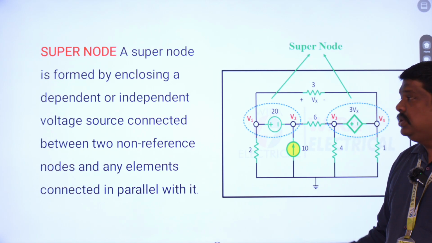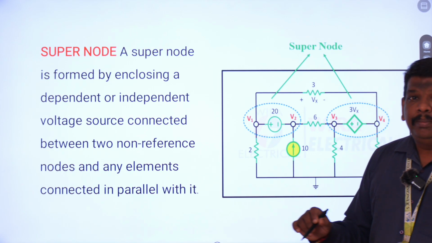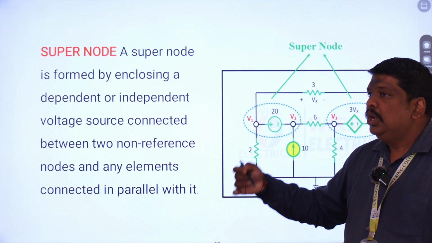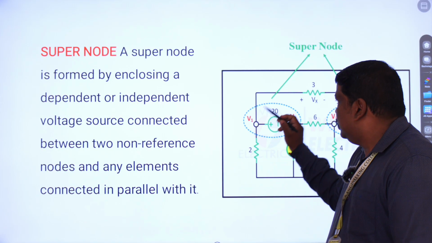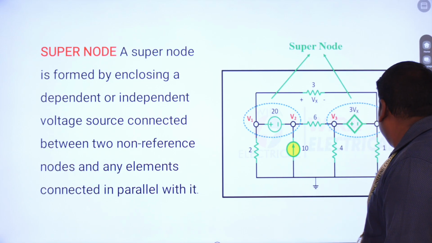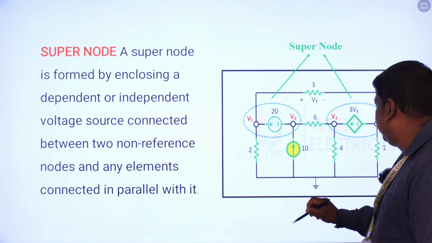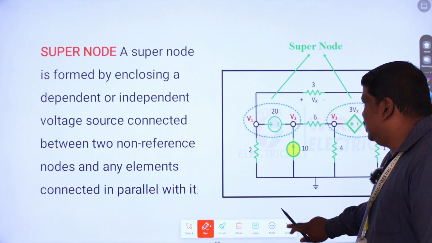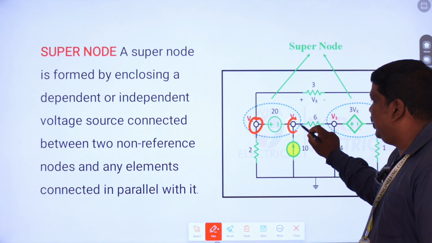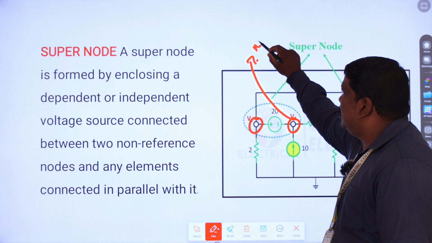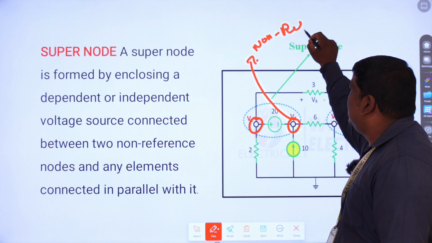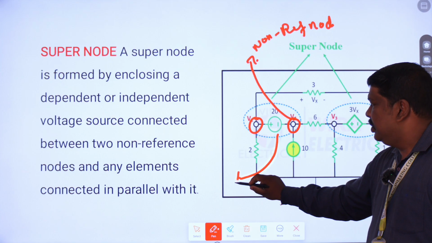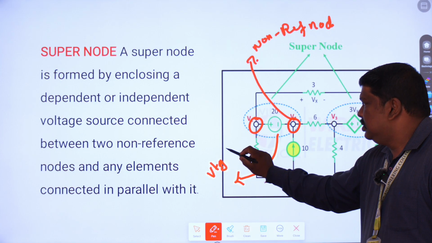And what is the meaning of a supernode? A supernode is formed when a dependent or independent voltage source is connected between two non-reference nodes. Here V1 and V2 are the non-reference nodes, between which we connect the voltage source.